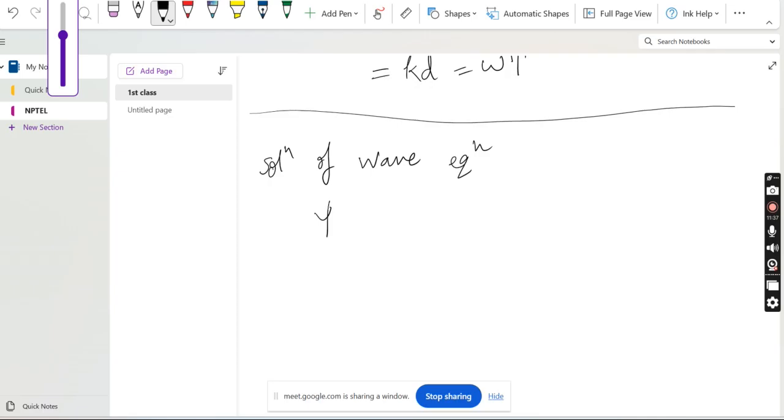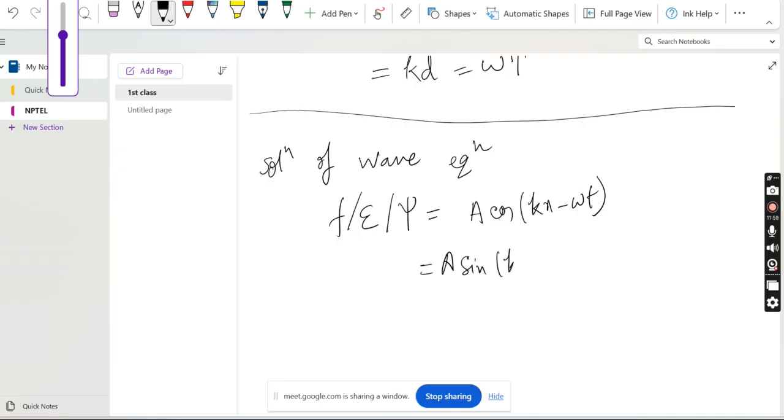So we know we have written the solution, E, or sometimes we can write psi, whatever you are comfortable with, like A cos(kx minus omega t). We can write it as A sin(kx minus omega t) also.